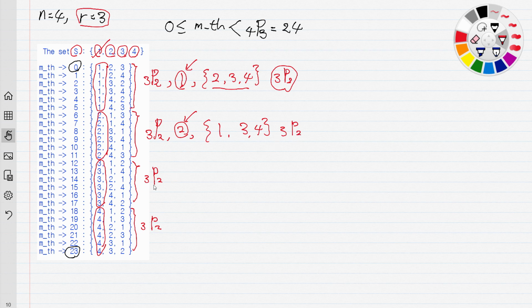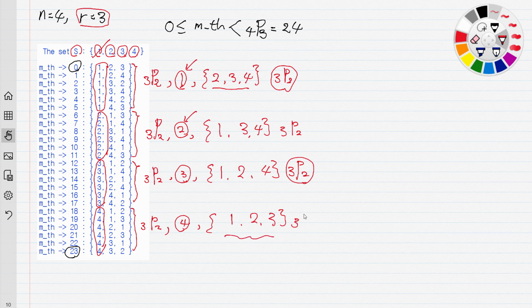In the same manner, if we select 3 from set S, then we have 1, 2, 4. From this set, we select 2 more. Also from the original set, we select 4. Then we are left with 1, 2, 3. From the set with 3 elements, we select 2 more.